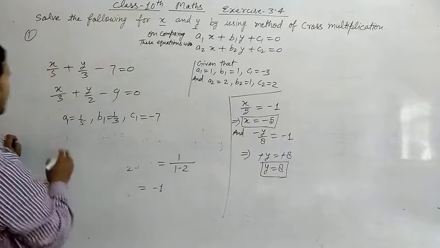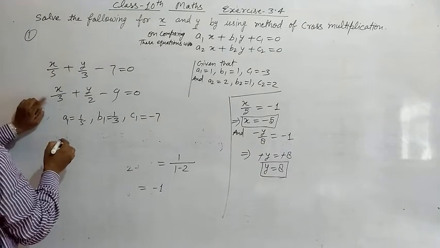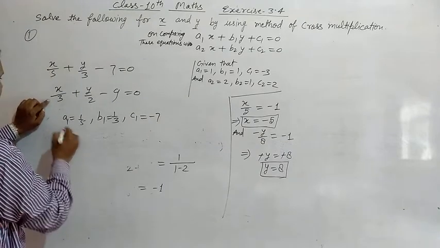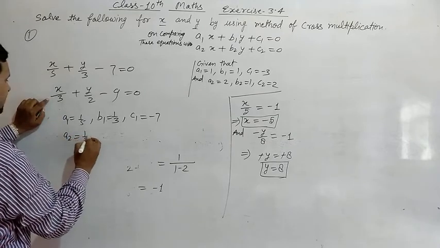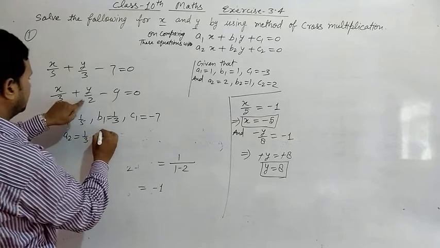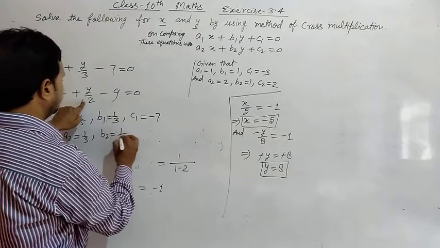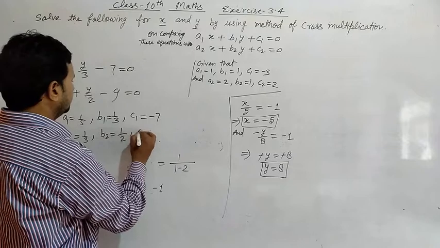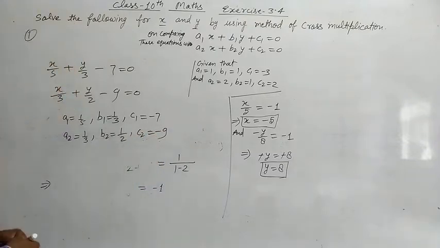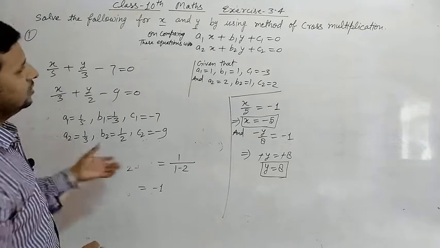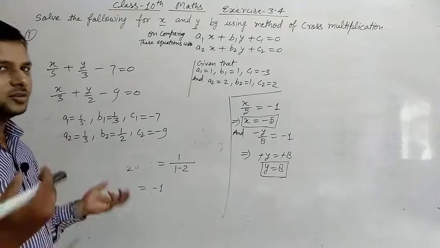It's right. Again, in this equation, a2 is equal to 1 upon 3, b2 is equal to 1 upon 2, and c2 is equal to minus 9. Okay, now we have to put these values in our formula and you can solve this way.